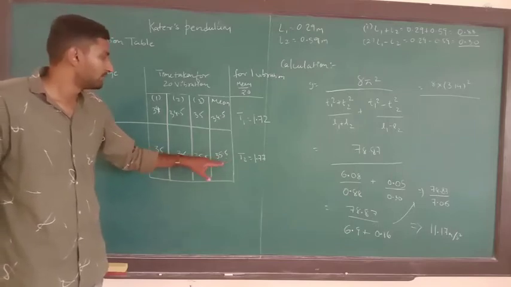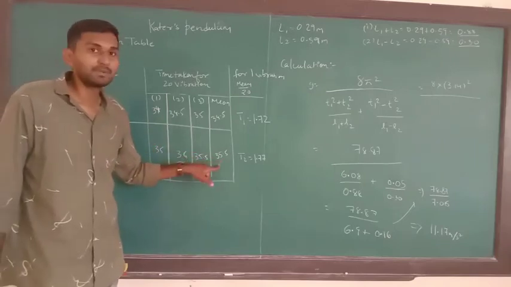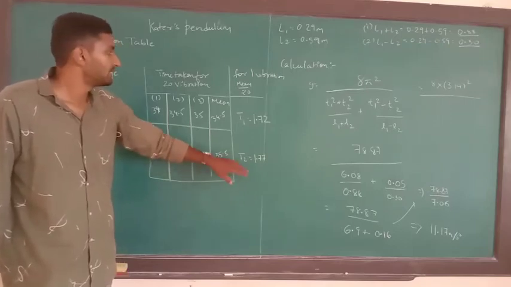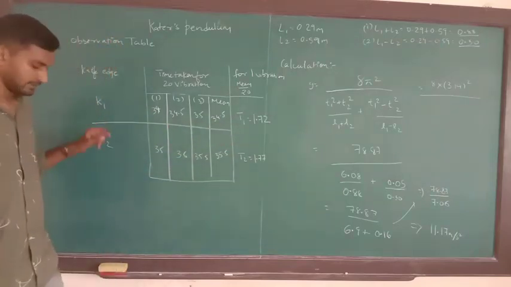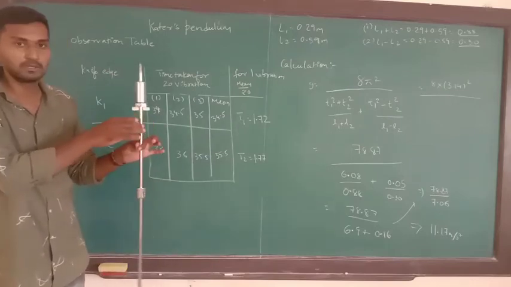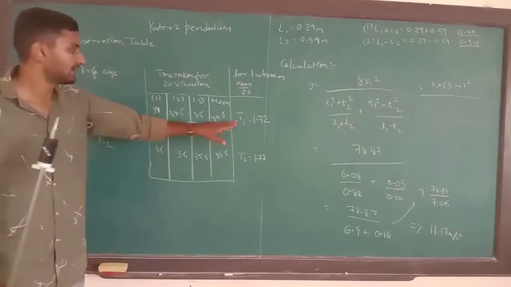Now we find per vibration how much time it will take. For one vibration it will take 1.77. So we get T1, the time period T1, and this is the time period T2.